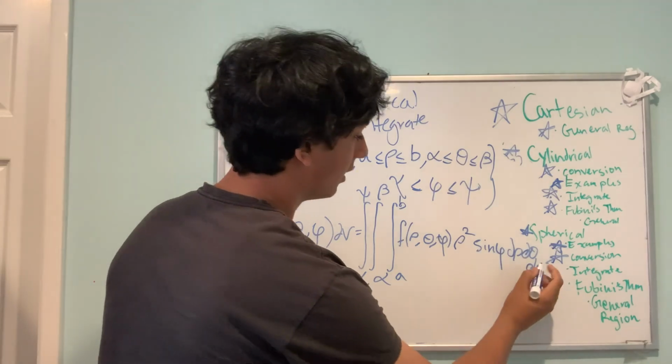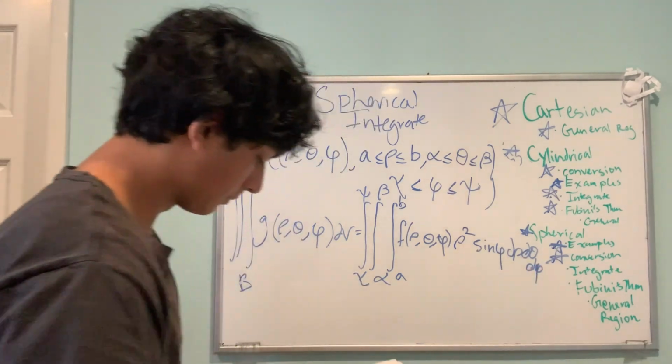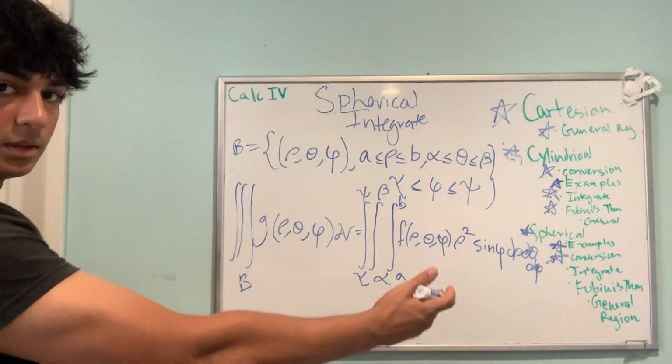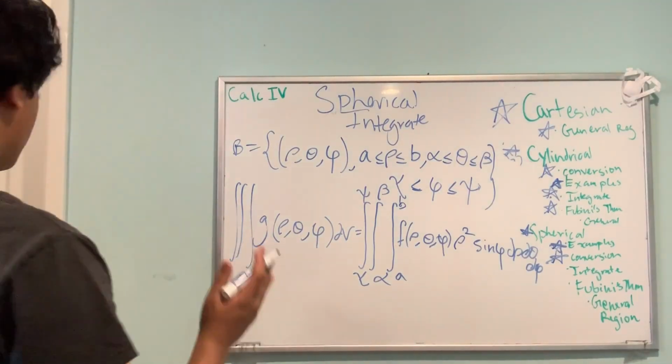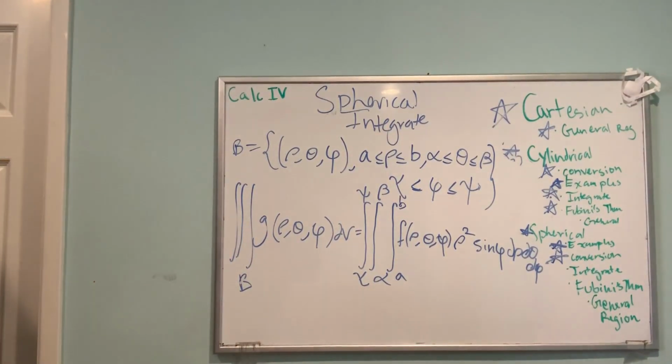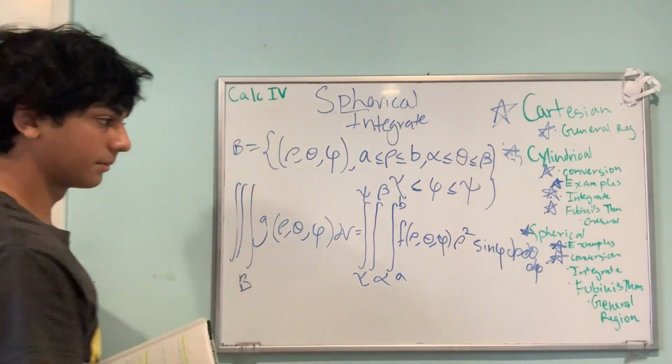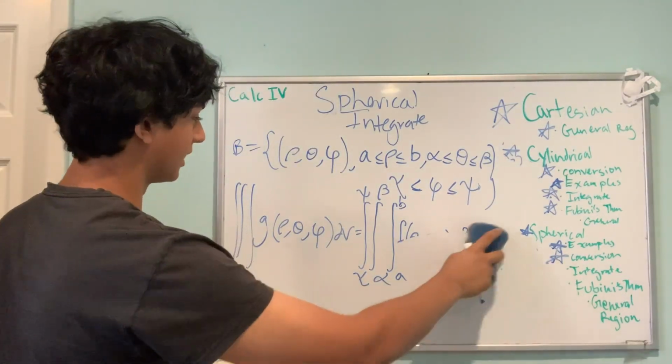Couldn't fit it in, but know that d phi is there. This is also very important. You should have this either memorized or on your equation sheet, or cheat sheet, I guess.